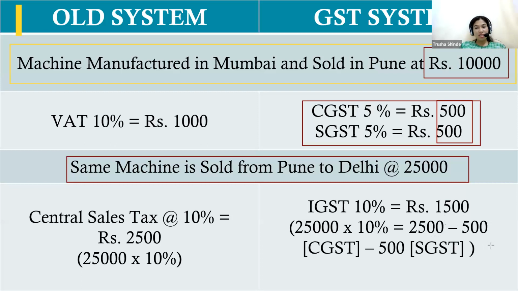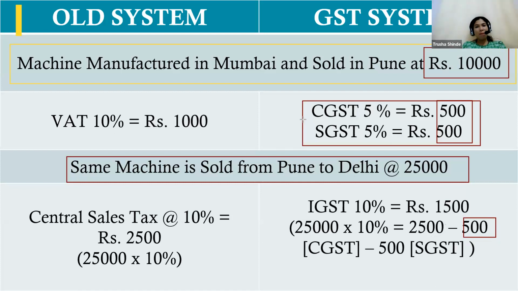The machine was purchased by the Pune person, and now he is going to sell. Now Pune gets the benefit of your ITC, the input tax credit, for what he was paying earlier, that is rupees 1,000.